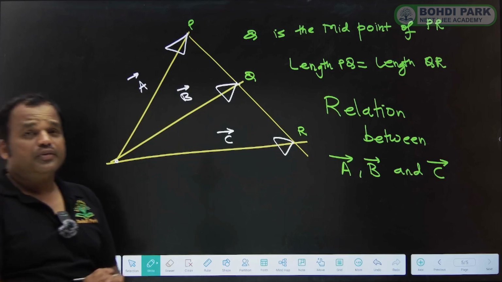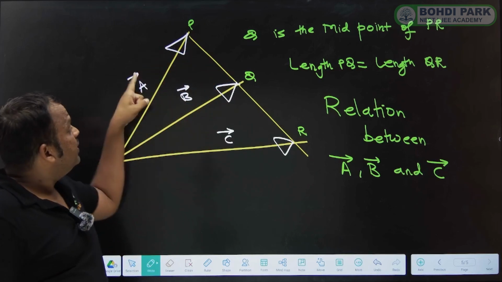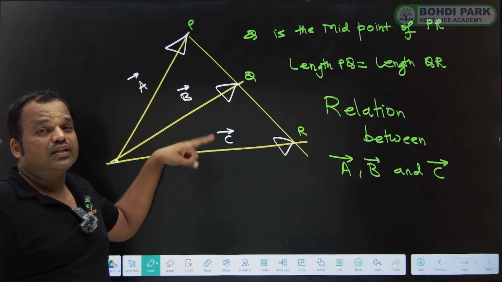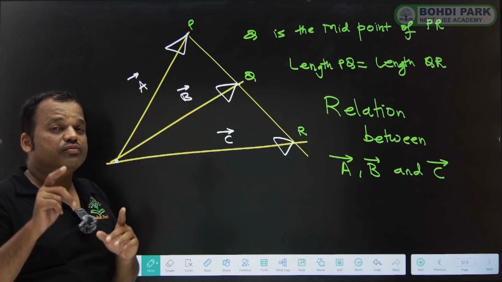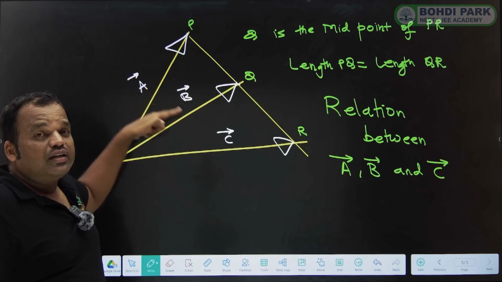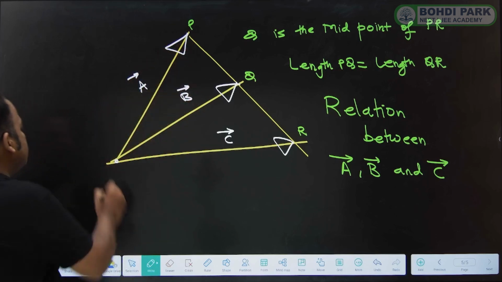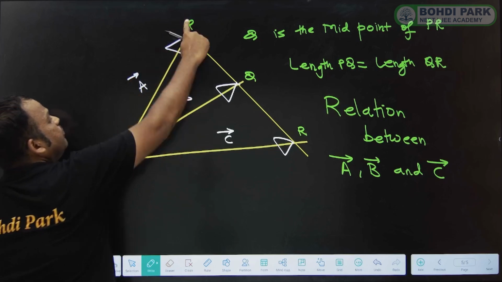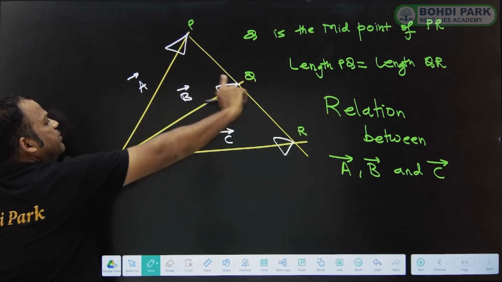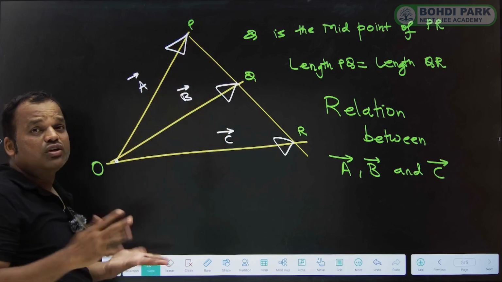Now one thing you will notice is that they are not forming a triangle. A vector, B vector, C vector are not three sides of the same triangle. A vector and B vector are the two sides of this triangle. Let's suppose this point is O. So for OPQ, A vector and B vector are the two sides, and the third side is PQ, which is not a vector.